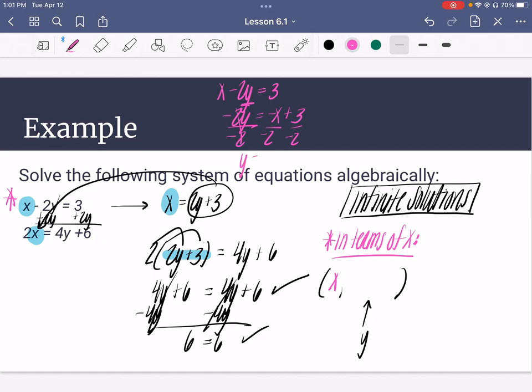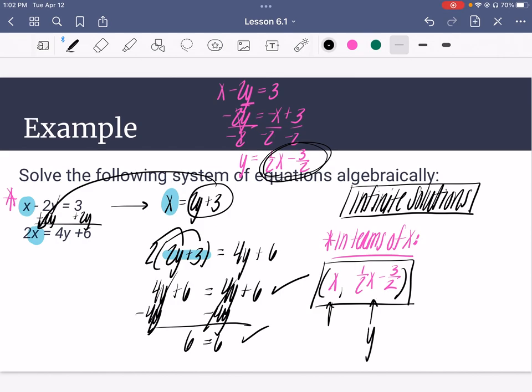If I get y by itself, I would need to subtract x from both sides, and then divide everything by -2. So I'd get y equals 1/2 x minus 3/2. Then this is what I'm going to take and rewrite for my y value, 1/2 x minus 3/2.